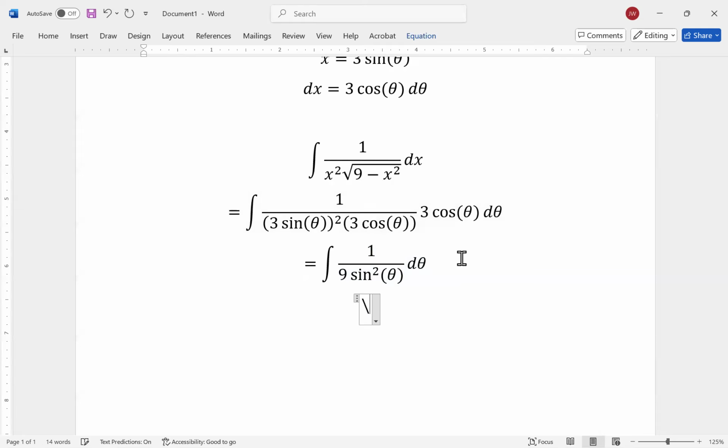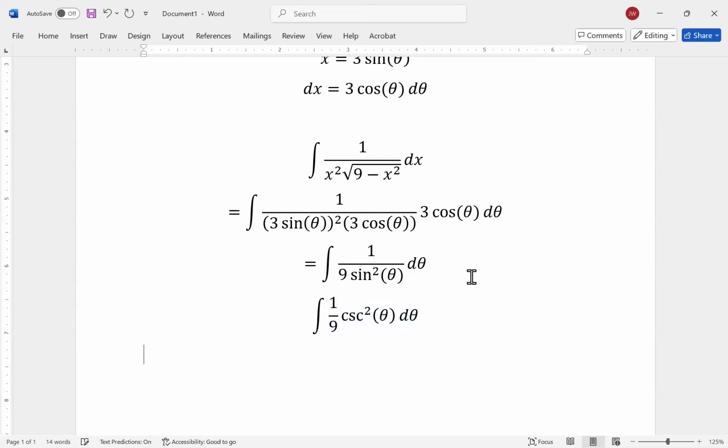Now, right now, this might look like it's hard to find the antiderivative of, but we can rewrite this. 1 over sine squared is cosecant squared. So I get 1/9 times cosecant squared integrated with respect to theta.